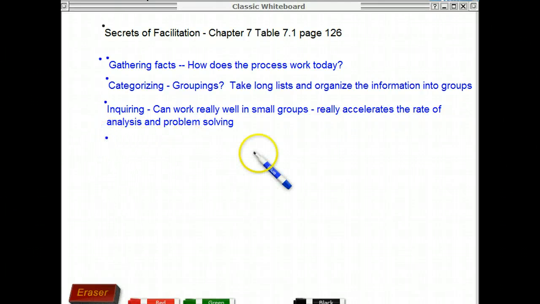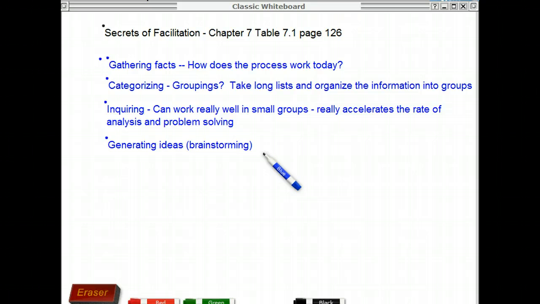After inquiring, it's listed as generating ideas. So perhaps we've gathered a list of problems, and the idea here would be to ask the group, what are the possible ways this problem could be solved? This is an opportunity for us to begin sharing ideas about how we would like to change things in the organization.